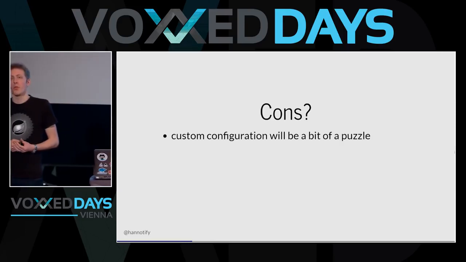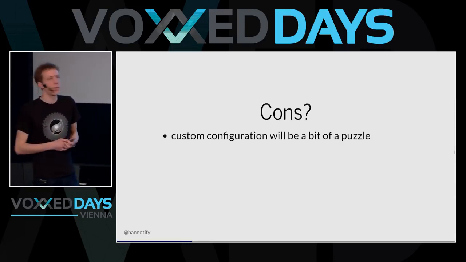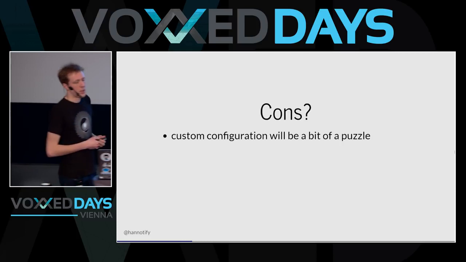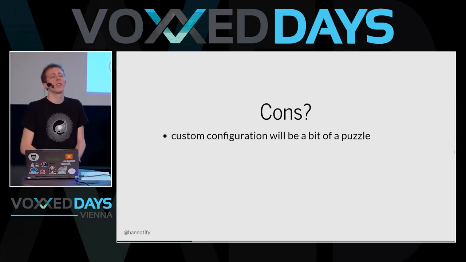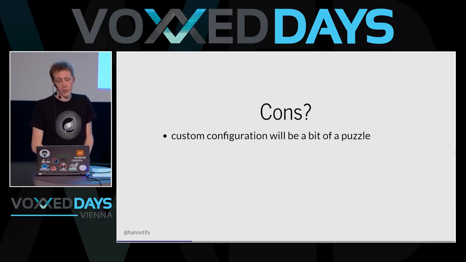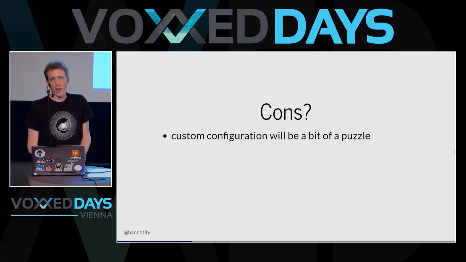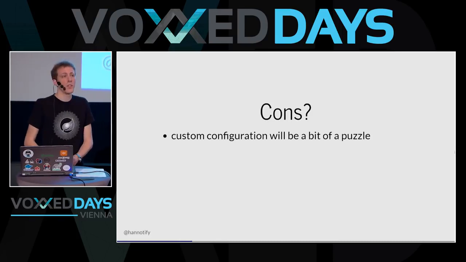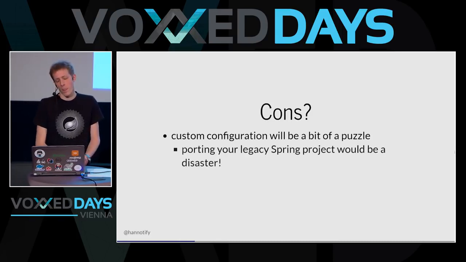Because most people use Spring Boot just by using the default. So if you have some exotic configuration or some requirement that nobody else has, it can be a bit of a puzzle. Now, I'm not saying it can't be done, because I think it can, but it just needs a bit more time to figure it out.